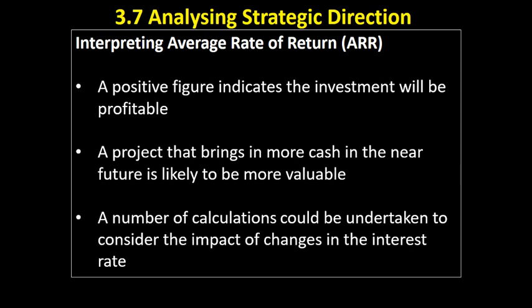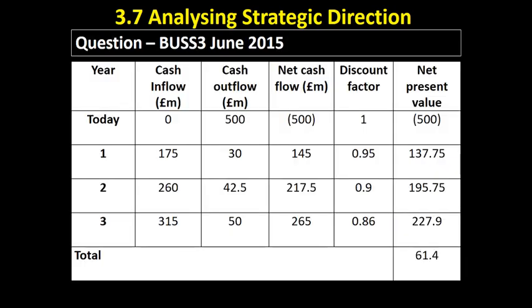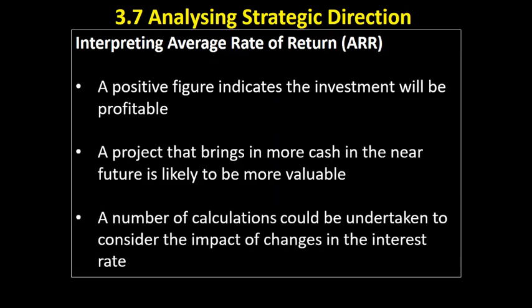Many people weren't expecting them to go up for a while, but in recent weeks the Bank of England seems to indicate that interest rates will change. So if a business were doing this, they could play with that. They could say, what's going to happen if there's a 1% interest rate, a 2% interest rate, a 5% interest rate, and we can calculate the net present value based on those different interest rates.